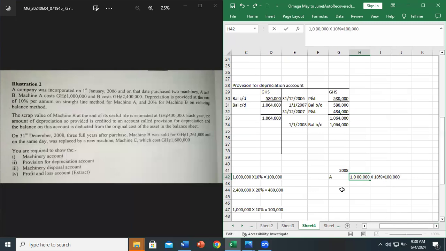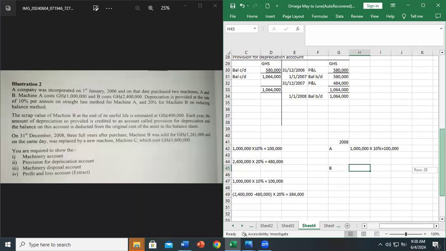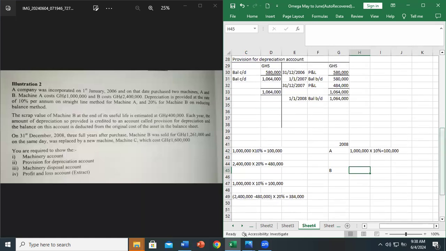Okay, now asset B, was it there? Sorry, asset A was not even sold in the first place, so we didn't have to speak about it being sold. Now asset B, as it were, was the one that was sold, but it was sold on 31st December, so we still have to calculate depreciation on it. But again, it is reducing balance method.